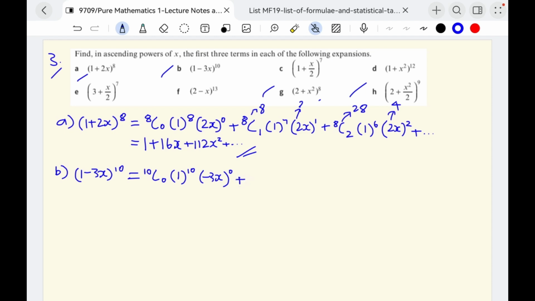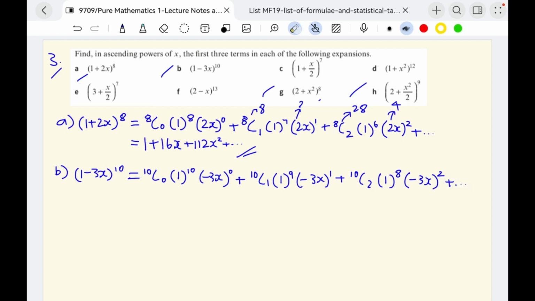What about the second term? It is 10C1, and then 1 to the power of 9, negative 3x to the power of 1, plus 10C2 times 1 to the power of 8, and then times the negative 3x bracket squared, dot, dot, dot.